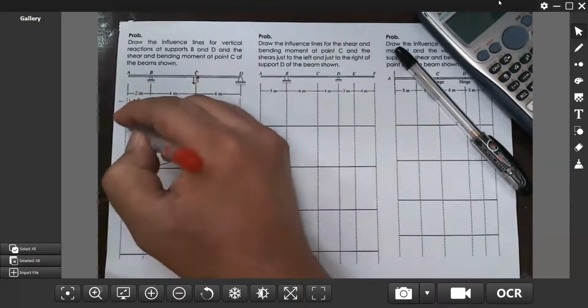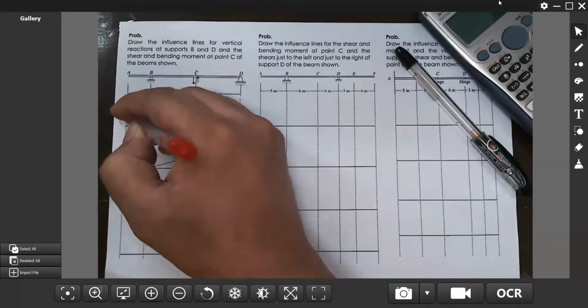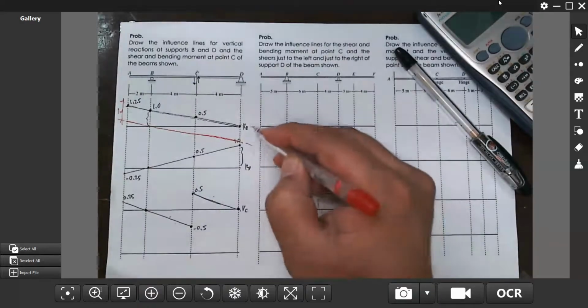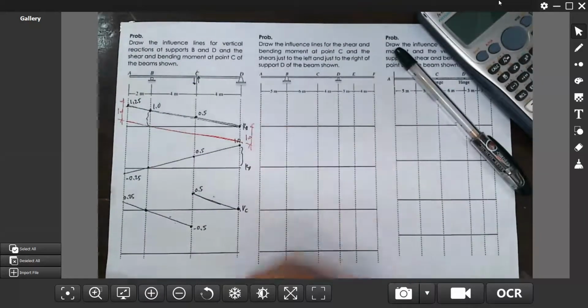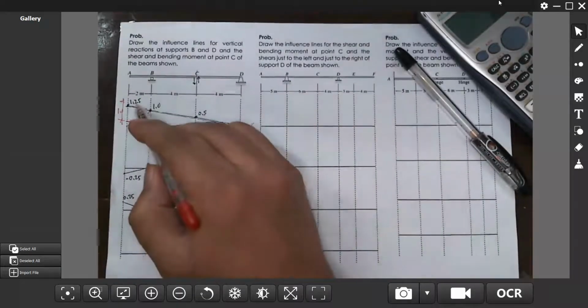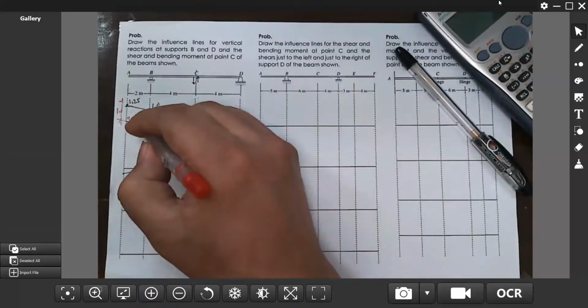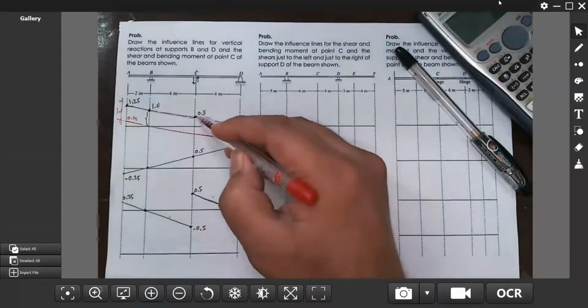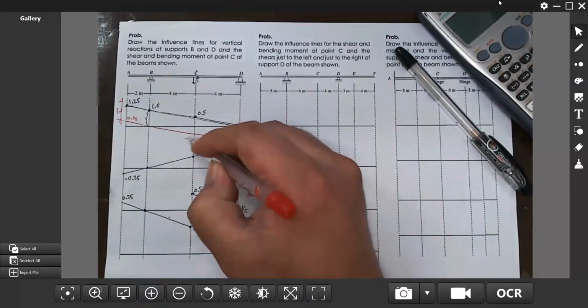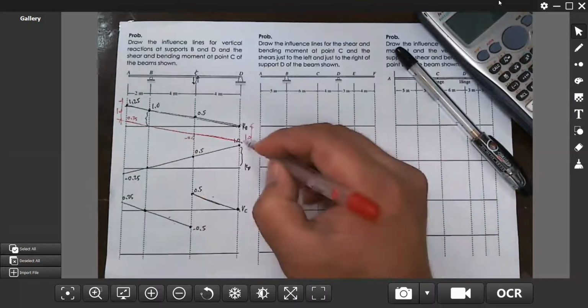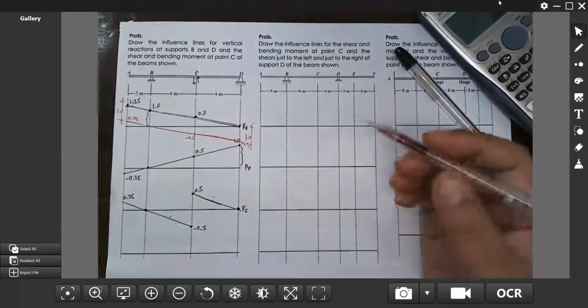Bali 1 unit na. So, therefore, 1.25, 0.25 na, 0.5, this is negative 0.5, and then this is negative 1.